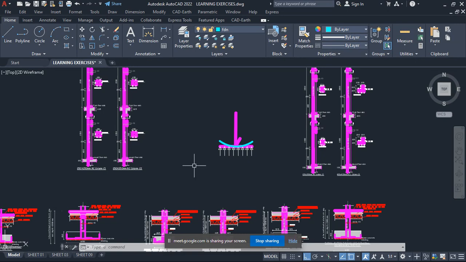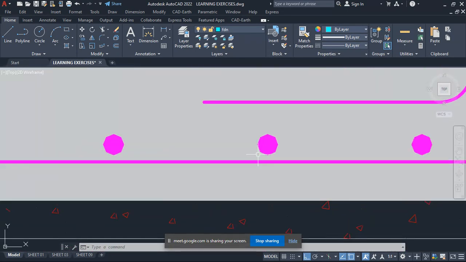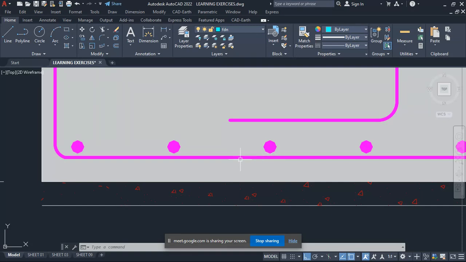An example is like here. Are you seeing these bars? Now this is the main bar. Now this is the secondary bar.